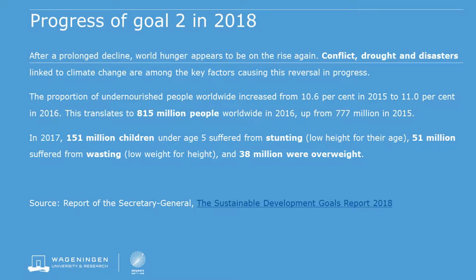And 51 million suffer from wasting, which is basically a more short-term response and something that you can maybe overcome over time. And interestingly, 38 million suffer from obesity.